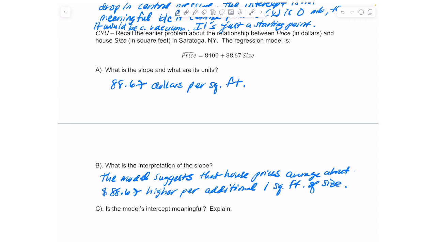You could also suggest that a house would cost on average about $88.67 more per additional 1 square foot of size.